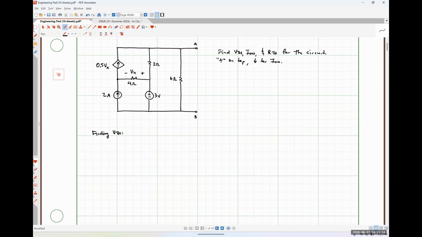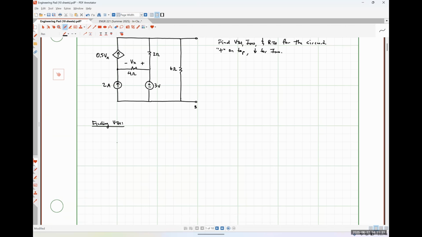So essentially, just like we did in class on Wednesday, when we're finding VTH, we're simply finding the voltage drop across our open circuited set of terminals, and we're told explicitly to put the positive polarity terminal on top. So I'm going to redraw my circuit here.